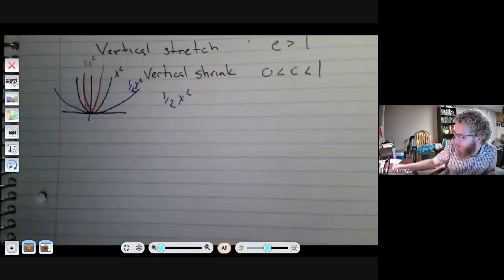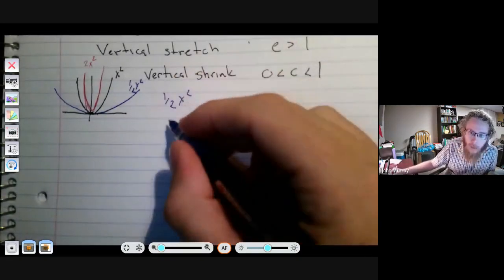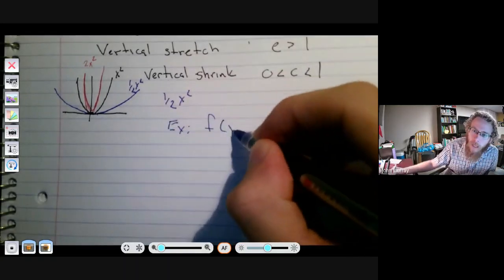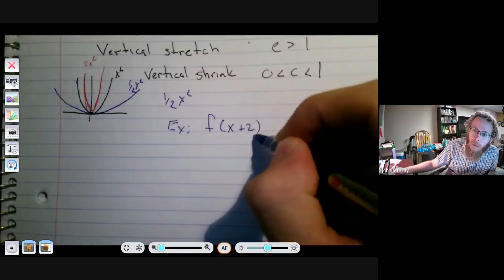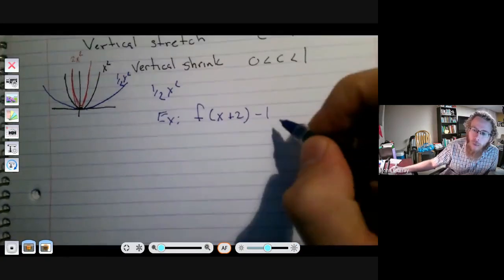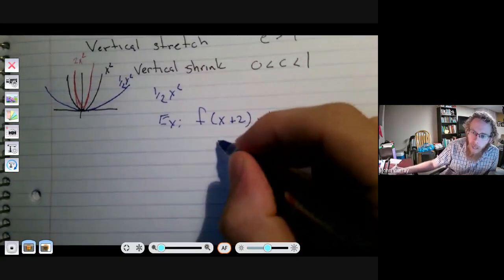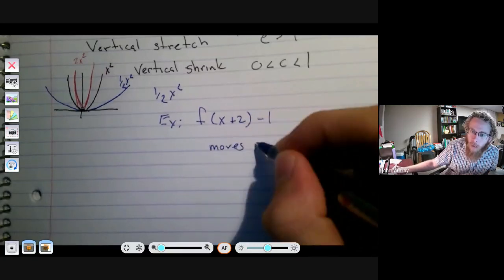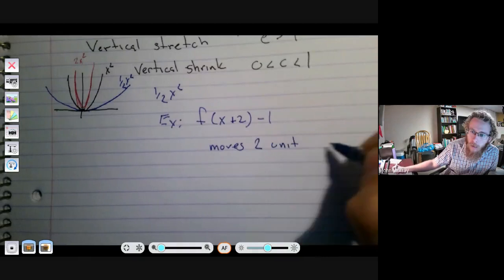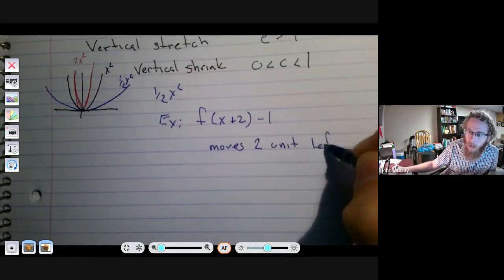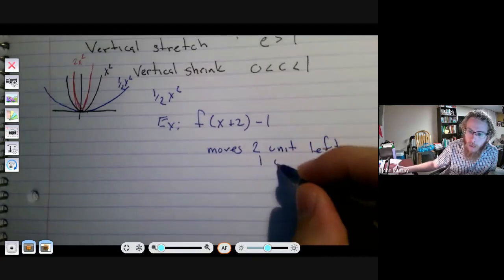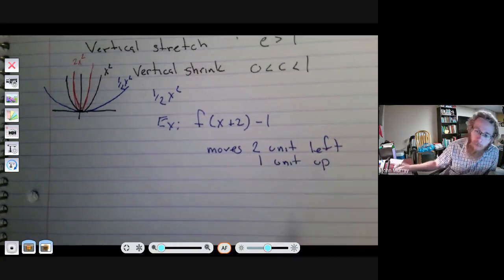Okay, so just to show you, I know we only got 2 minutes, but as an example, I'll give you something that says f of x plus 2 minus 1. So you're going to have to tell me that the graph moves 2 units to the left because of the plus 2 and 1 unit up, right?